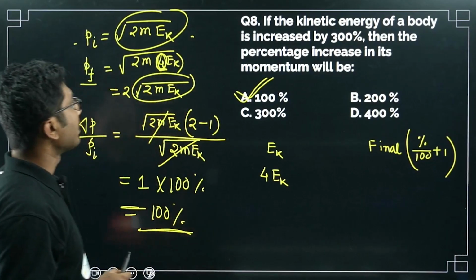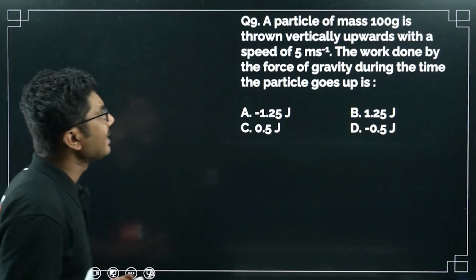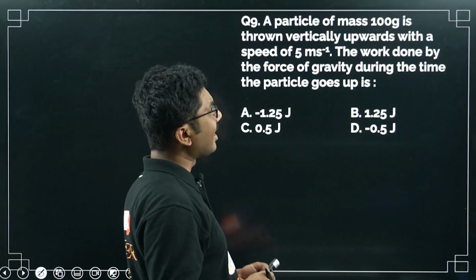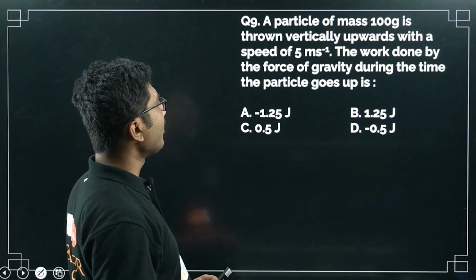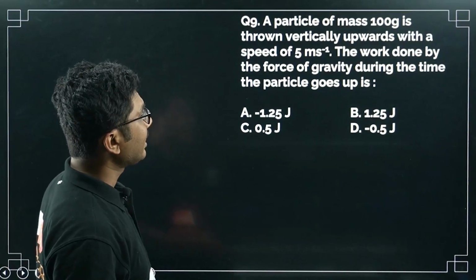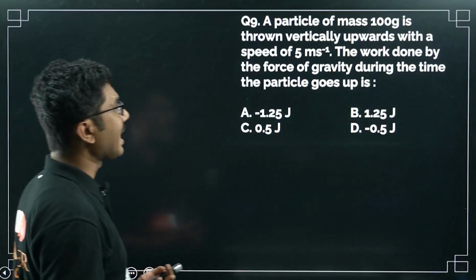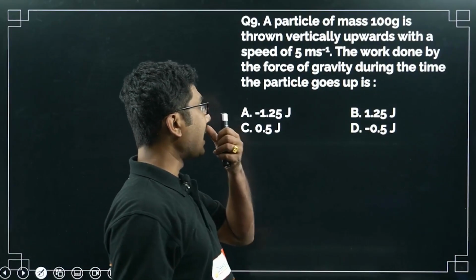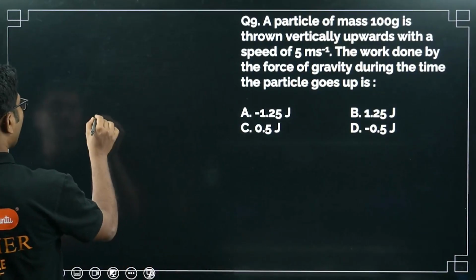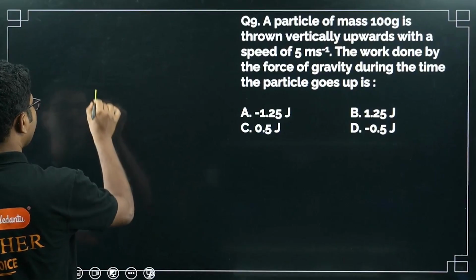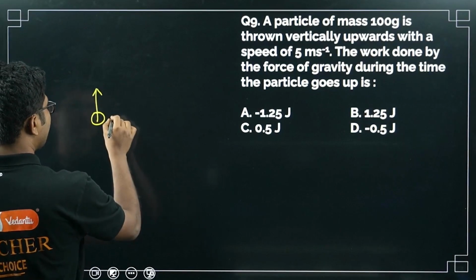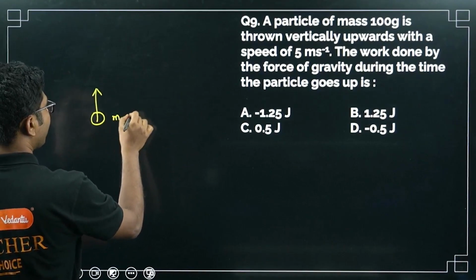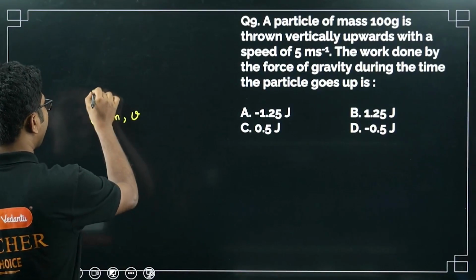Now let's move on to the next question. A particle of mass 100 gram is thrown vertically upwards with a speed of 5 meters per second. What is the work done by the force of gravity during the time the particle goes up? So you are throwing an object in the upward direction with some speed, and it is going up.